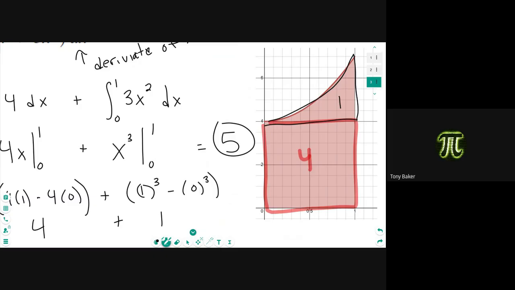Because all I did is I basically shifted it up, and that's the area that I'm going to count. That makes sense? Yes. That is one of the applications of it.